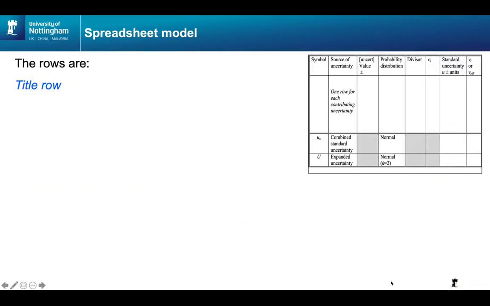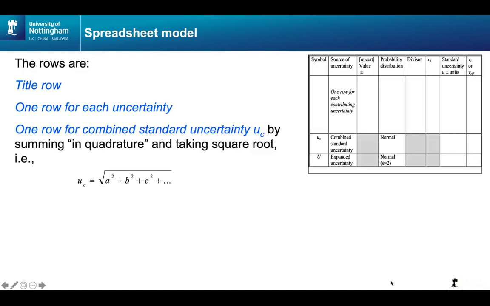And then the rows going crossways, there's one row for each uncertainty type. So in our case, that would be mass and diameter. There's one row for the combined standard uncertainty by summing in quadrature. So that would be the sum of the partial derivatives times the individual uncertainties squared.